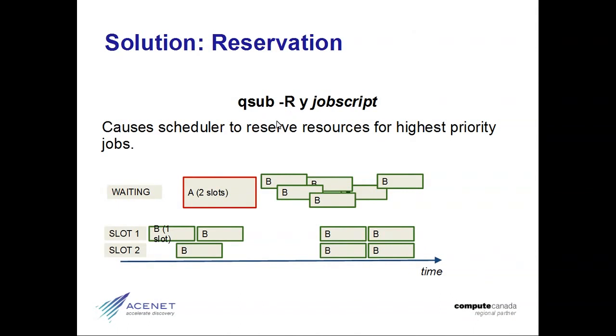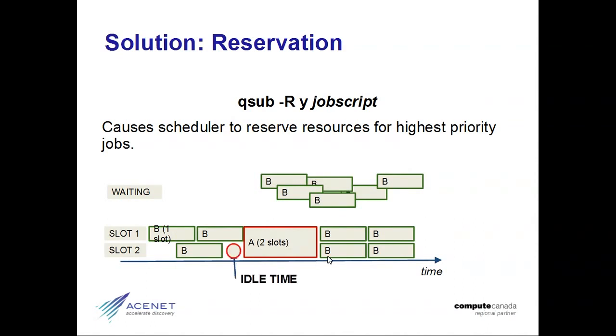And what reservation does is, if user A with his Y job puts reservation on that job, then the scheduler will stop itself from scheduling more B jobs into this empty slot here, so that it'll save up slots until it has enough of them to put the A job in. And that way A gets to go ahead at something like the earliest possible opportunity.